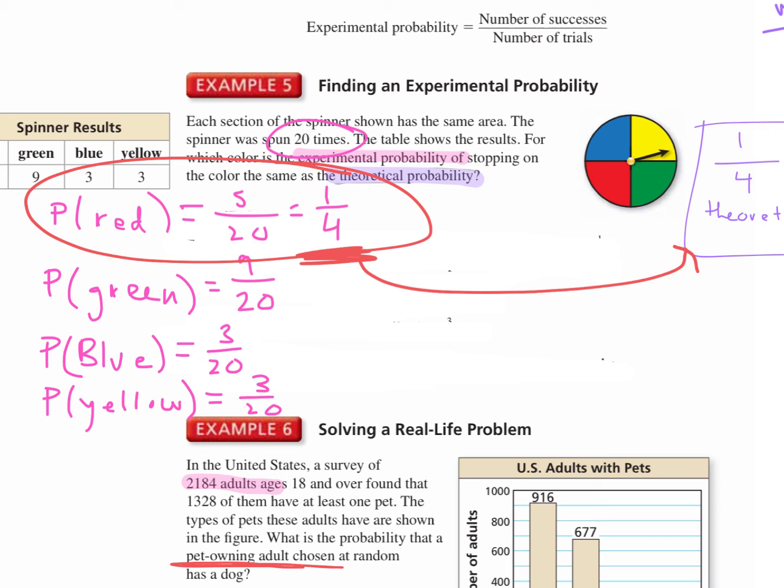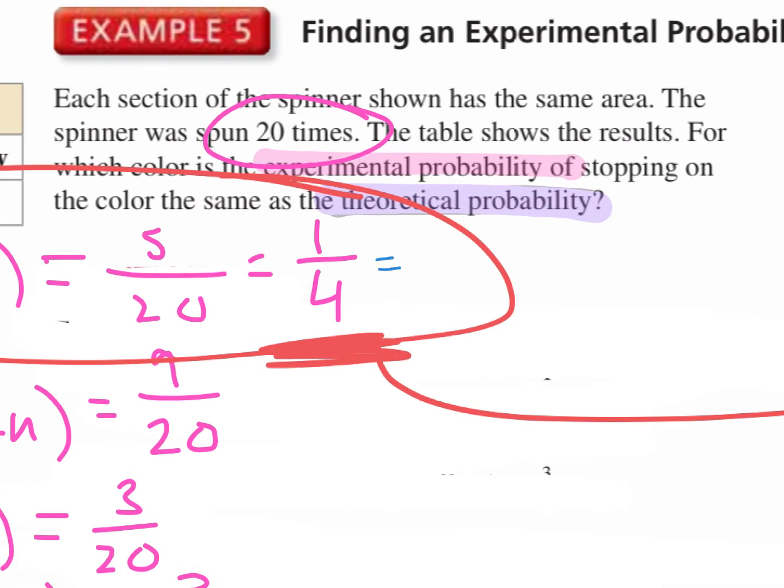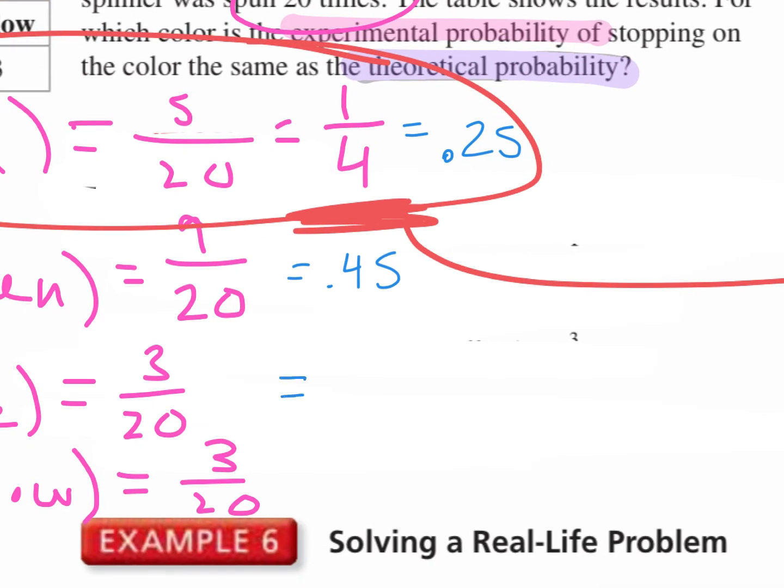So what is 1/4 as a decimal? 0.25. What is 9 over 20 as a decimal? 0.45. What is 3 out of 20 as a decimal? 0.15.